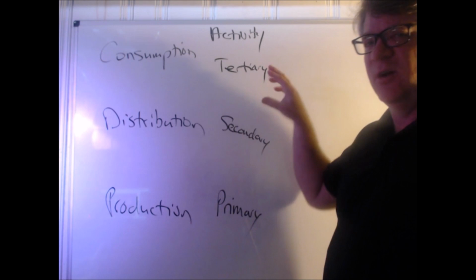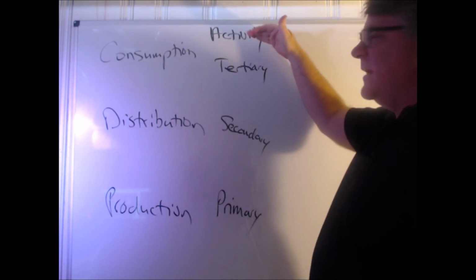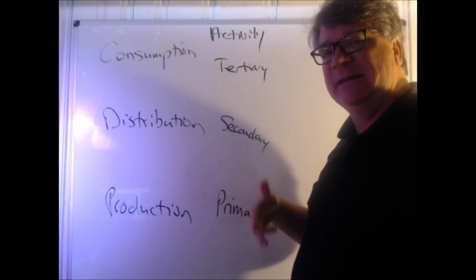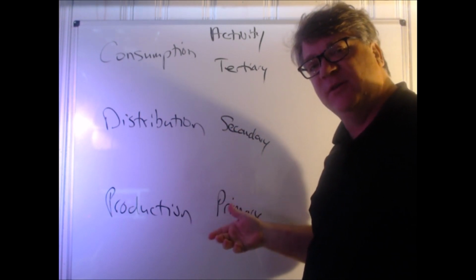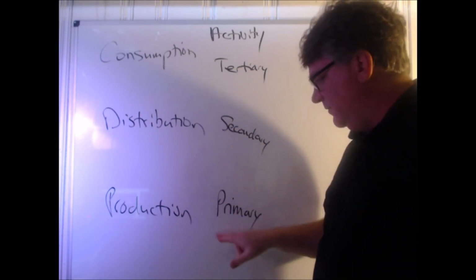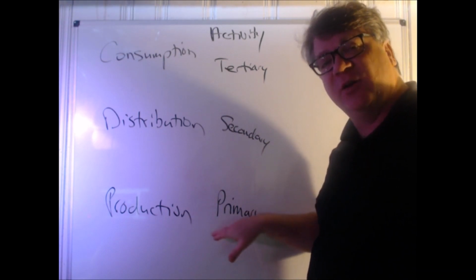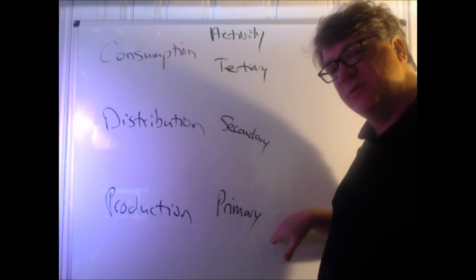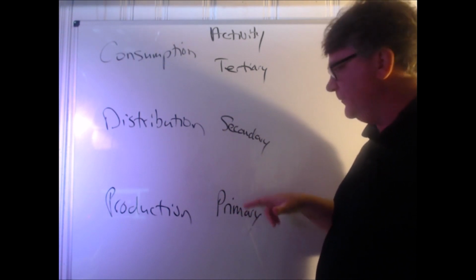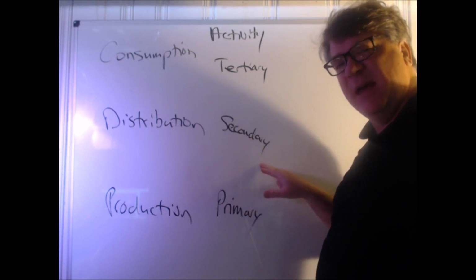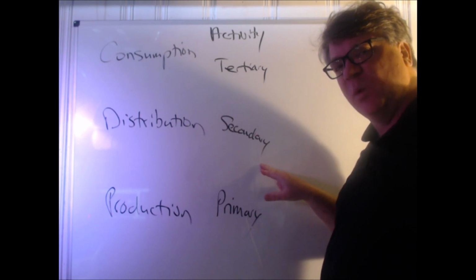When we think about the type of work that people do in the economy, this goes back to sociocultural evolution. And the primary sector is agricultural work. Make sure you capture this in your notes. This is agricultural-based work. This is industrial, manufacturing, secondary sector work.